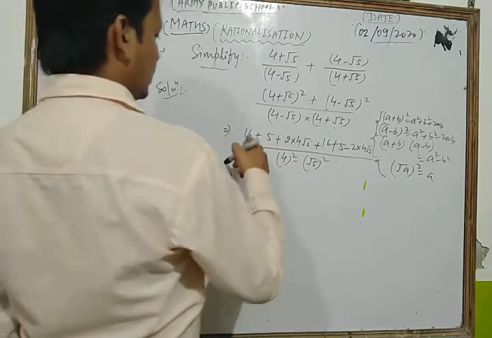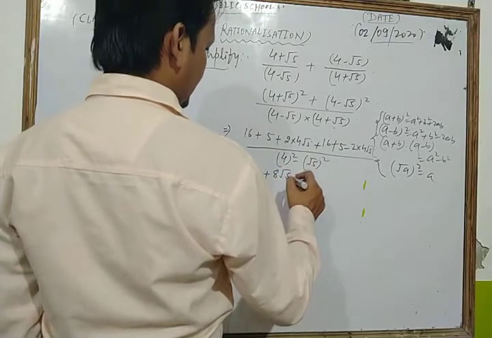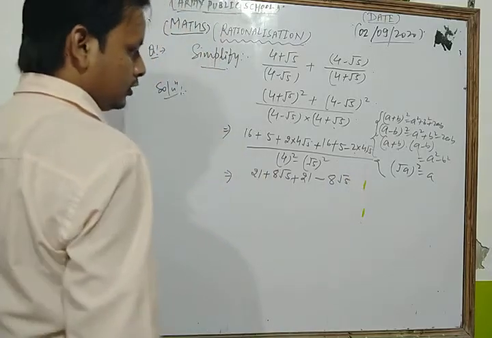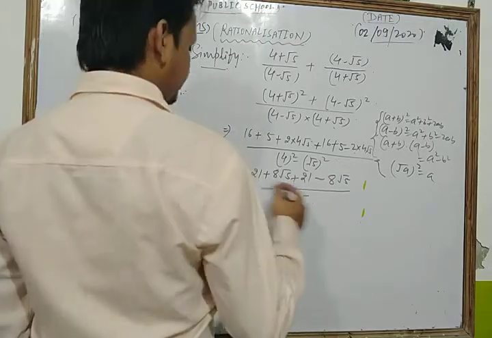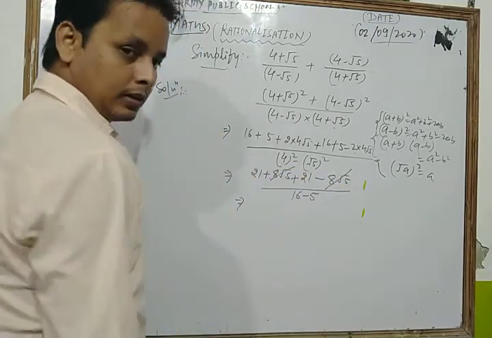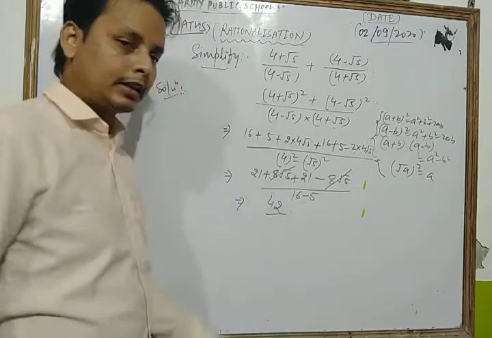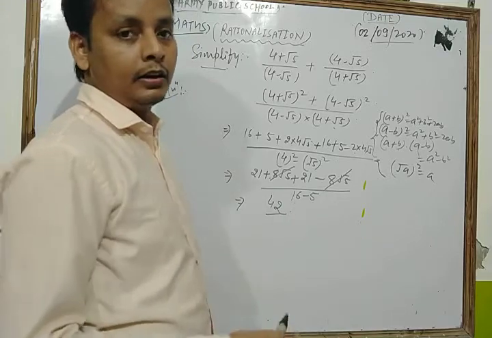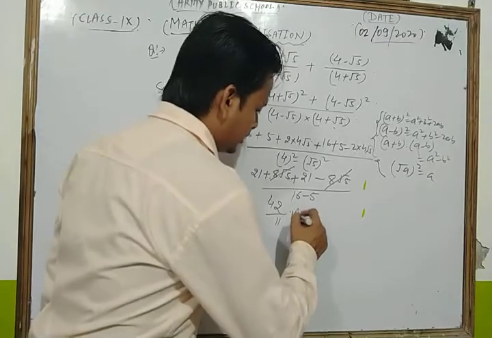So we get 16 plus 5, 21, plus 8 root 5, plus 21 minus 8 root 5. In the denominator, 16 minus 5 is 11. The 8 root 5 terms cancel each other, and we get 42 upon 11. This is our required answer.